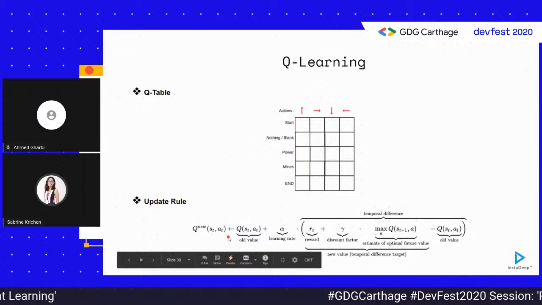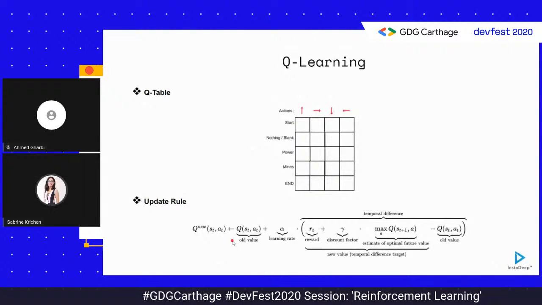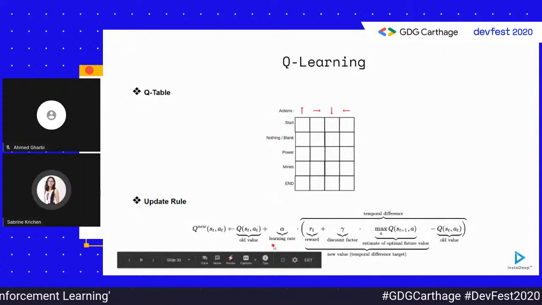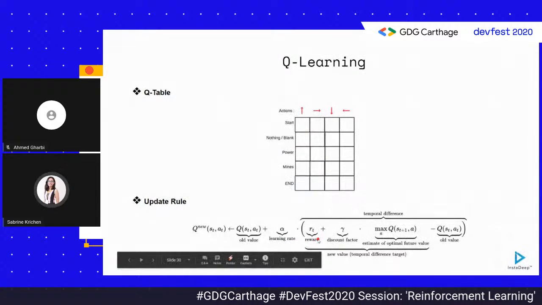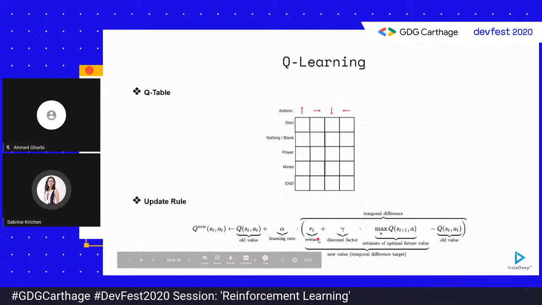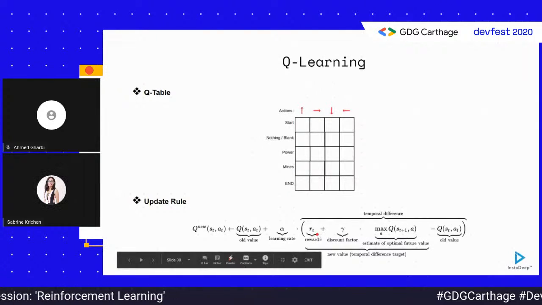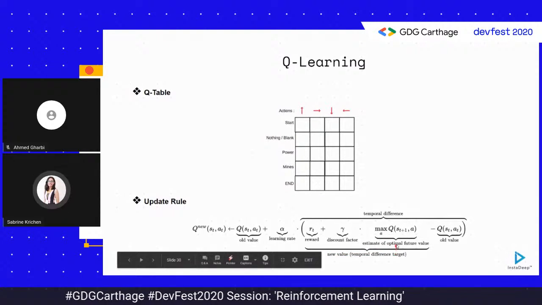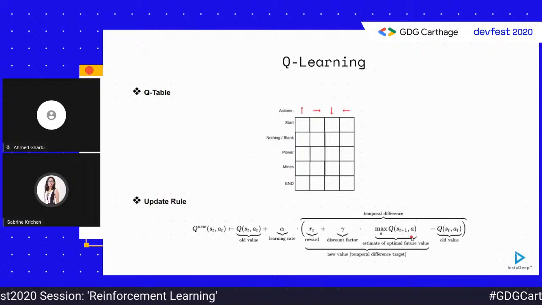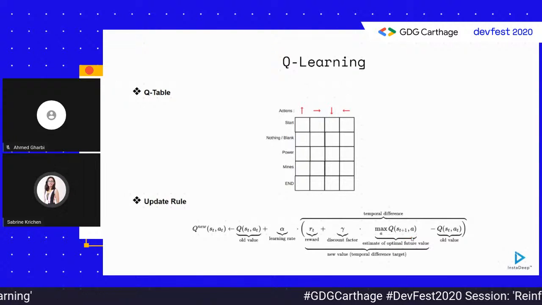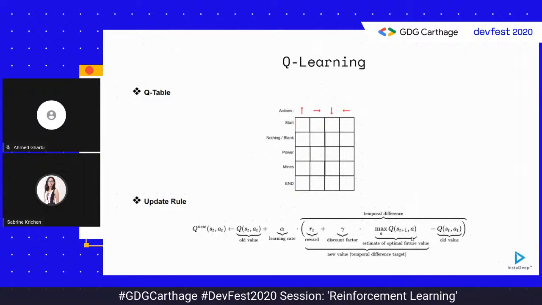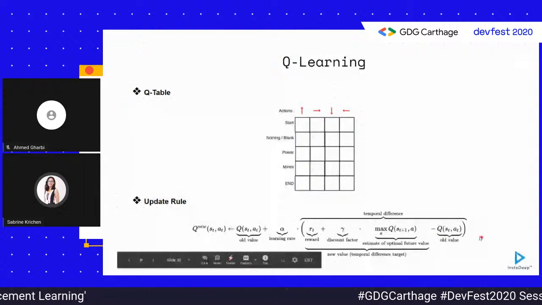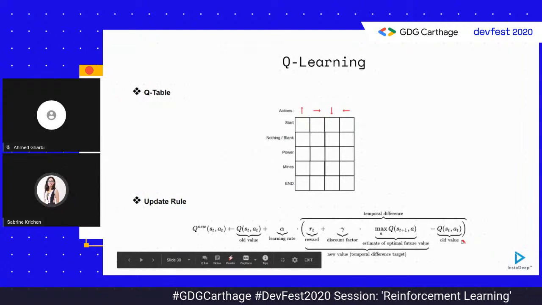It will be the old Q value at this state and this action, plus the learning rate times the reward that the agent will get if it performs this action in this state, plus the discount factor times the maximum Q value, meaning we want to see which action is going to give us the maximum Q value for the new state, minus the old Q value at this state and this action.